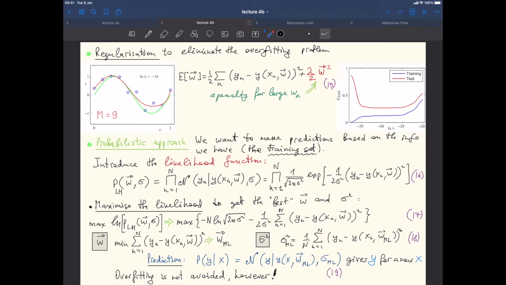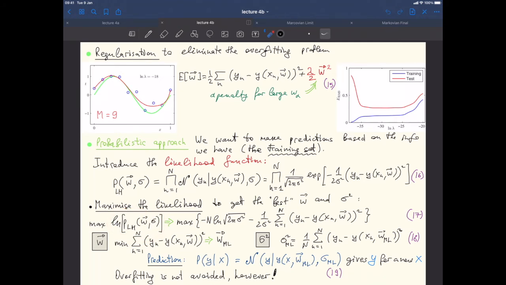So in order to choose the best parameters, and this time we have omega and sigma at the same time, we have two types of parameters here, we would like to maximize this likelihood function to have a better match of our trial function y of x to the training set. And the simplest way of doing that, because we have a product of exponentials, is to calculate the logarithm of that likelihood function.